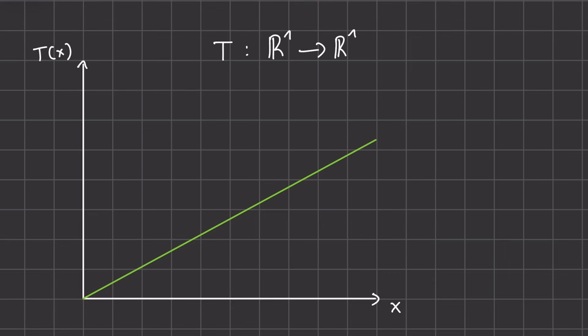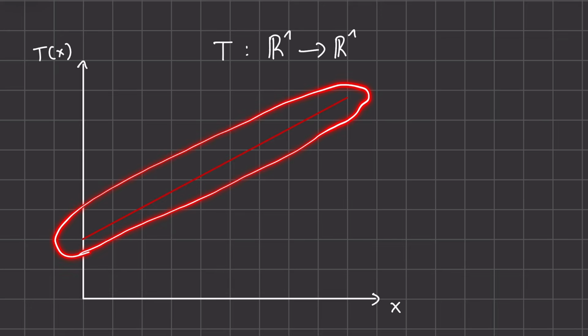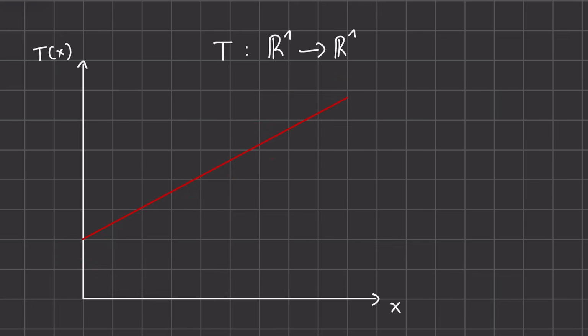I will not get into the mathematical reasoning in this video, but two indicators that show that this is linear are that the 0 vector maps to 0, and also the relationship between T of x and x can be described by a line. Now, for this red line, x and T of x technically still have a linear relationship. However, now our 0 vector is no longer being mapped to 0, but to a non-zero value. So this, in fact, is not a linear transformation.